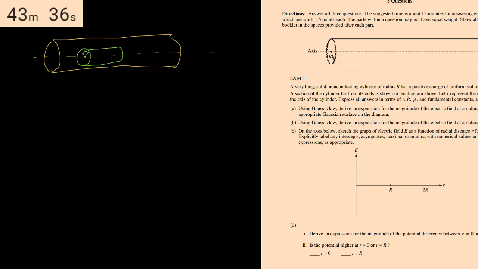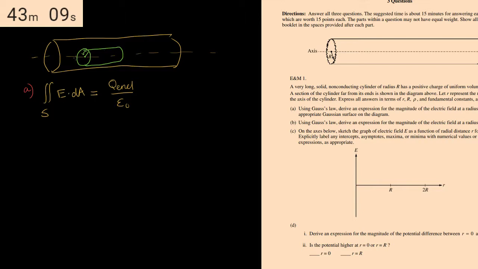So let's just write down this is question 1, part A. By Gauss's law, we know that the double integral over this cylinder of the electric field dotted with some unit area is going to be equal to the enclosed charge divided by epsilon 0.